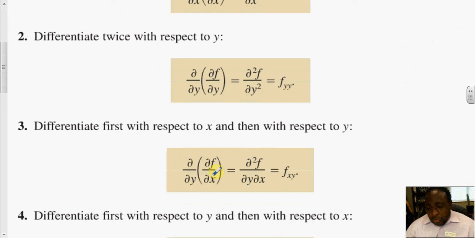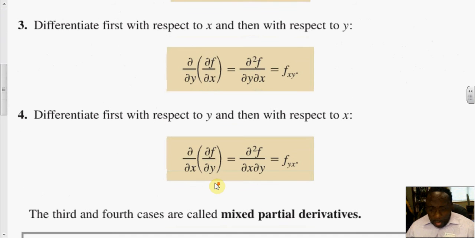So basically it's the partial derivative of the function first with respect to y, and then on that equation you find the partial derivative with respect to x. And then you can flip it: the partial of the function with respect to x, and then on top of that you do the operation, the partial of the function with respect to y.